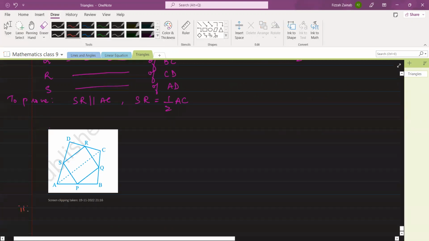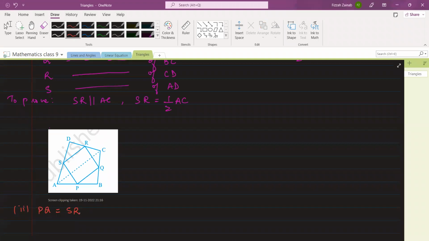Okay, second part, you have to show that PQ is equal to SR. Now where is PQ and where is SR? All right, so this is PQ, this is SR, as you can see.